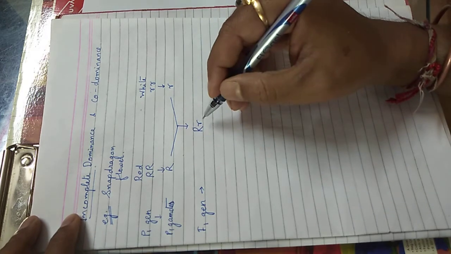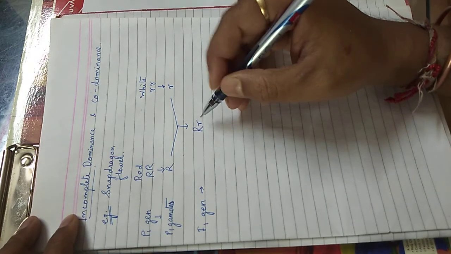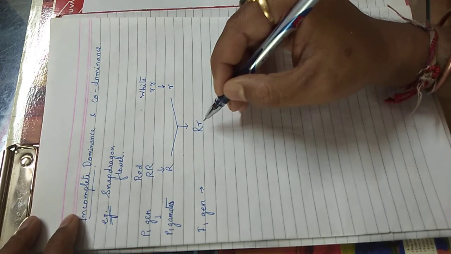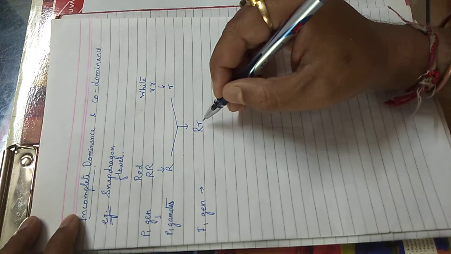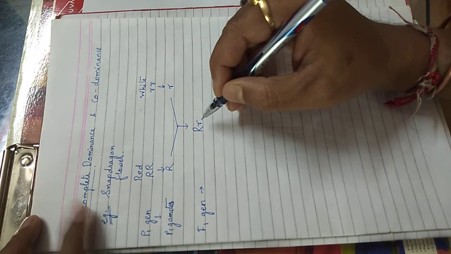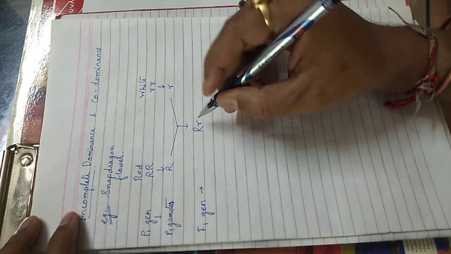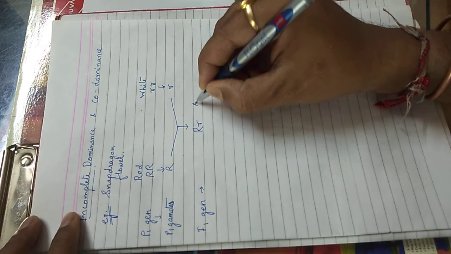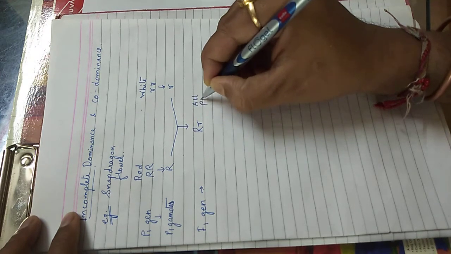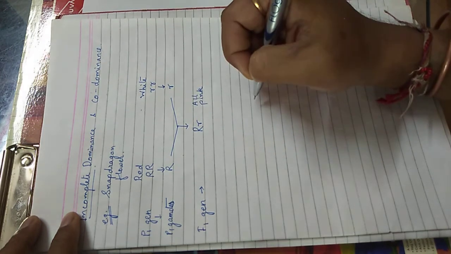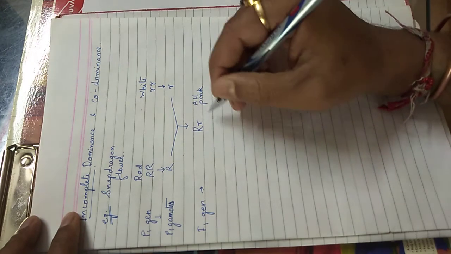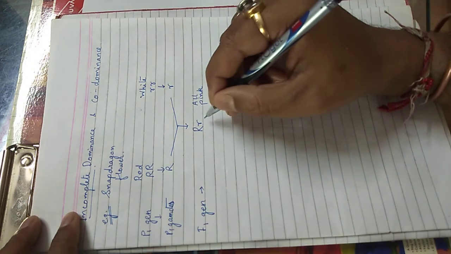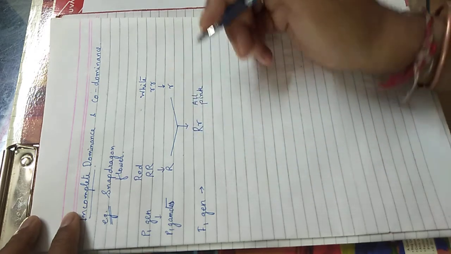Now, if we go by Mendel's law of dominance, this plant should have given us red color flowers. But in case of snapdragon flower, instead of red, in the F1 generation we find that all the flowers are pink in color. That is, an intermediate character is formed between red and white.